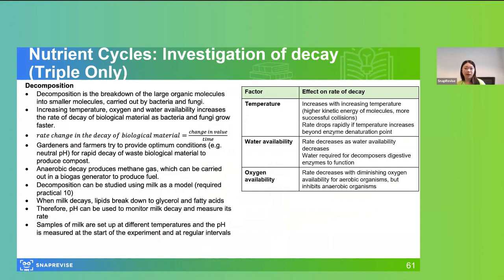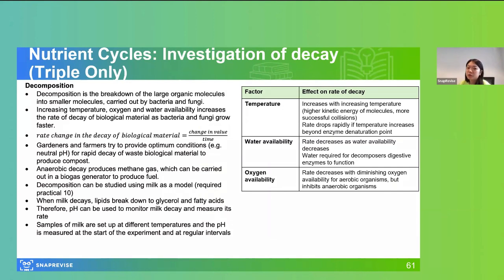Nutrient cycles, I want to talk about the investigations of decay. This is also heavily on triple sciences. I do apologize for combined sciences, but this is also heavy on triple. Decomposition is something you need to know. It's the breakdown of large organic molecules to smaller molecules. We did talk about this briefly earlier in the photosynthesis and respiration topic, but I'm going to go into a bit more detail now that we are going through nutrient cycles.